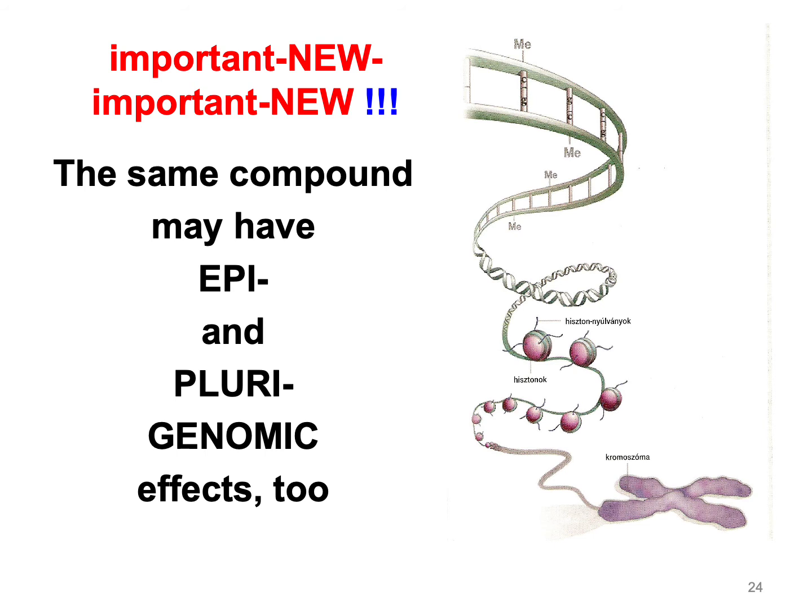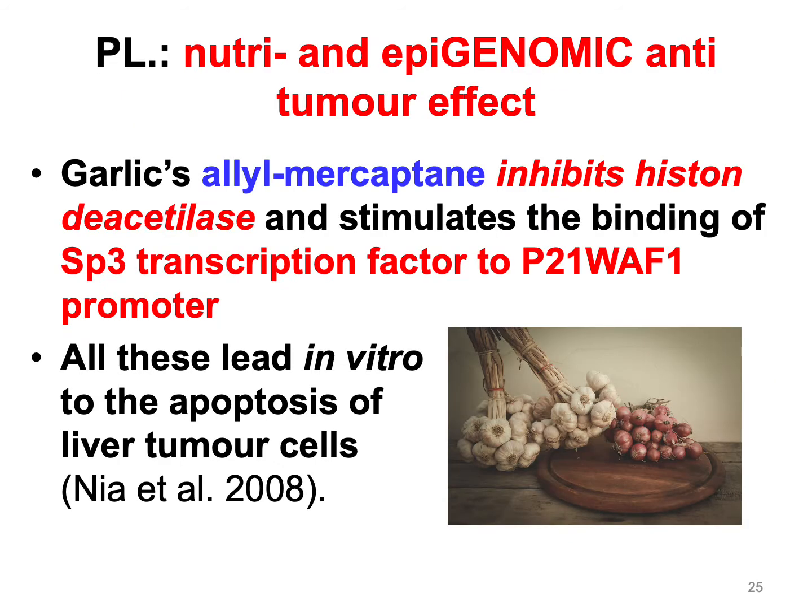Here you see the whole process from the chromosomes through the DNA, and Me stands for the methyl group and methylation. And an extremely good example for this pleiotropic effect is the nutri-epigenomic anti-tumor effect.